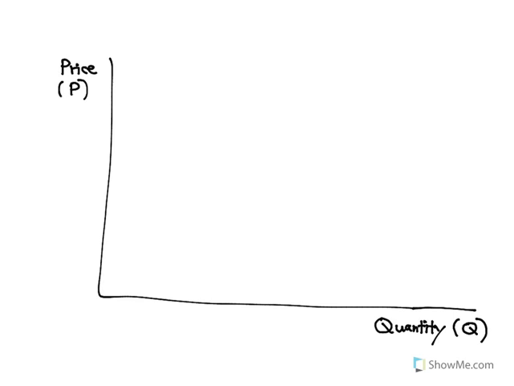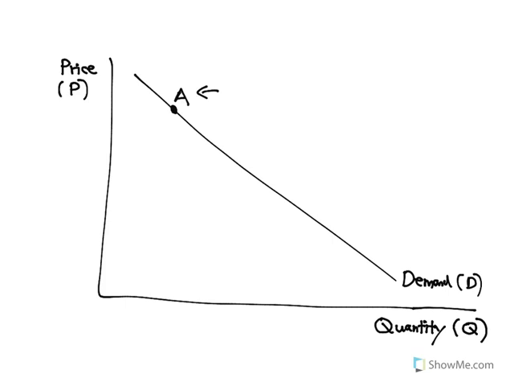And then we need to draw the demand curve. So how would it look? Well, it's going to look something like that. And then we call this demand, which you can abbreviate with a D. And so what do we notice here? We notice as the price increases, my quantity demanded falls. If I pick a specific point here, and we call this A, it is a quantity demanded.